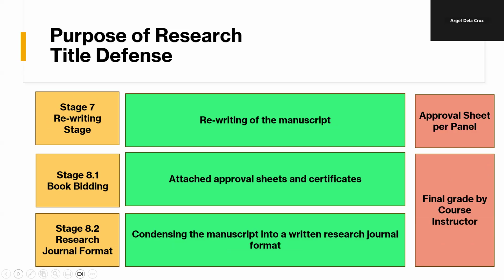Then after writing the manuscript, it will be presented with the RRP, or this time you're given the option to present your paper in other fora with a similar caliber or similar university status, or a qualification operated by CHED.